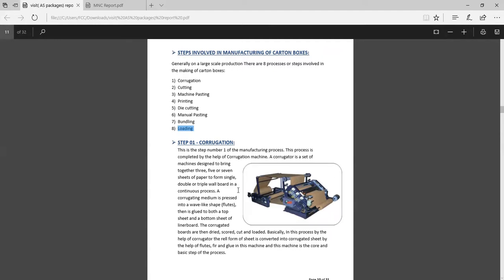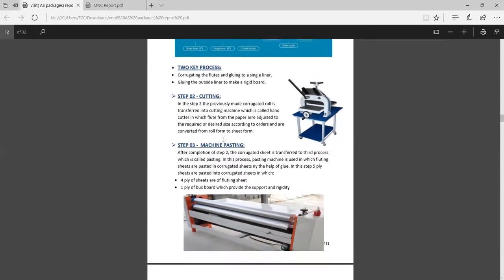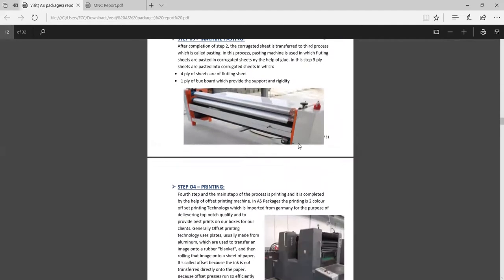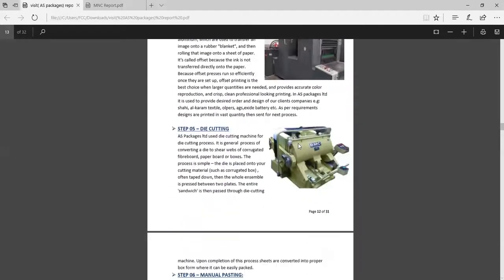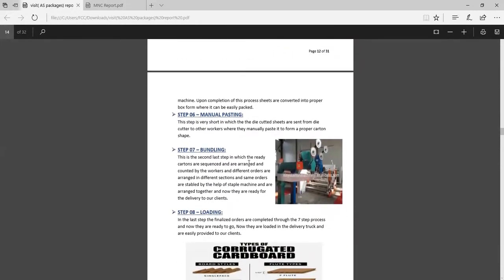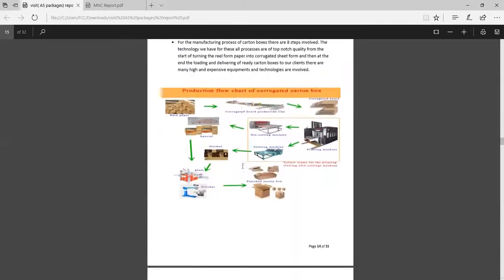It's a bundle of 3 to 7 sheets combined to form one sheet. After this comes the cutting part. They equally cut the boards with the hand cutter, and then in machine pasting they paste the brand names and logo, then the printing part, then the die cutting machine, then manual pasting, then bundling, and then loading. The last part is just loading.